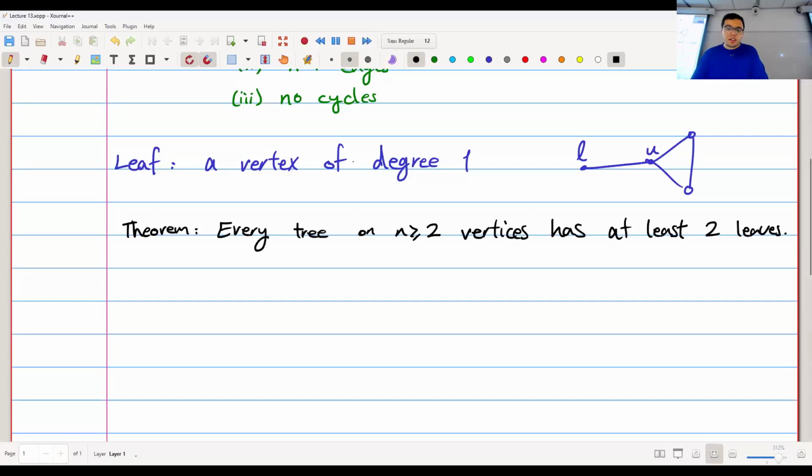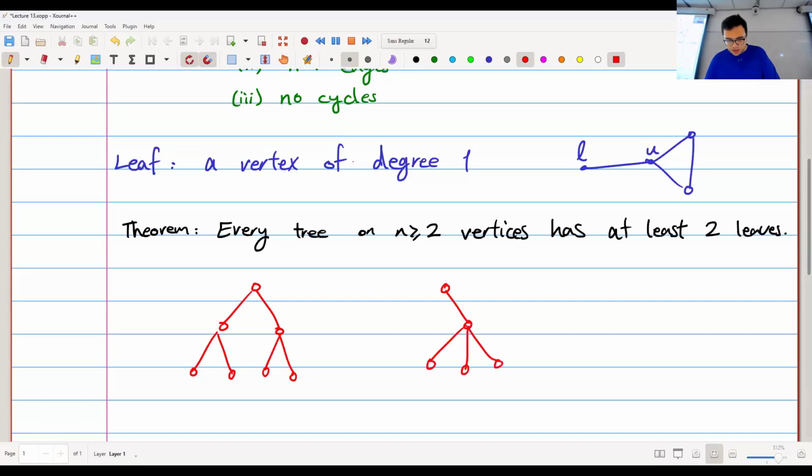Okay. So if I want to draw some trees here, here's a binary tree, which you will see a lot, especially in 3711. Here's just another tree. But the important point is that, as you can see, the theorem holds.